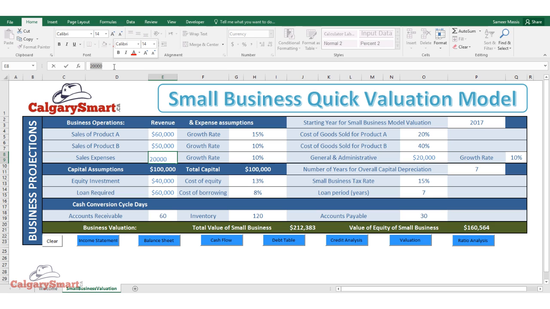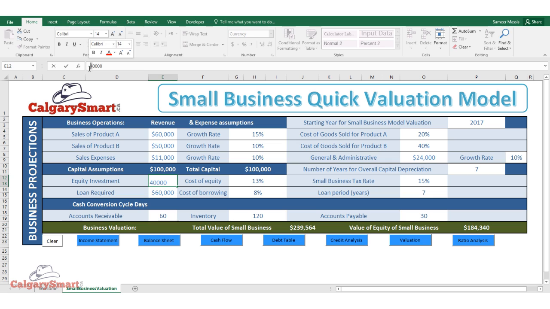So let's say if we have the sum of the sales of product A and B multiplied by 10%. So you can enter it as a formula there. And it also has a growth rate. As for the general and administrative expenses, you can update it directly and have a growth rate for this one.